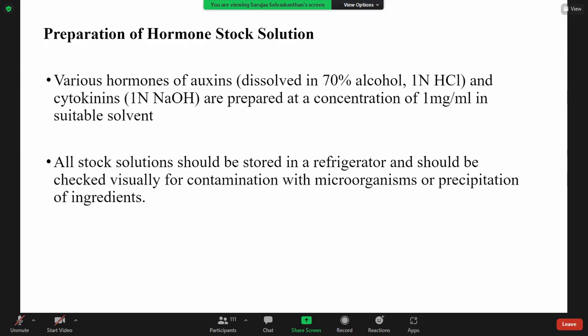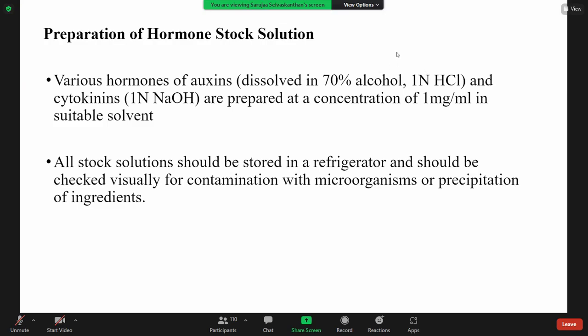We have to measure, for example, 10 milligram per liter. We can measure 10 milligrams of auxin, and we can dissolve it in 100 milliliters, and we have to dissolve it in HCl, a minute quantity of HCl or NaOH.